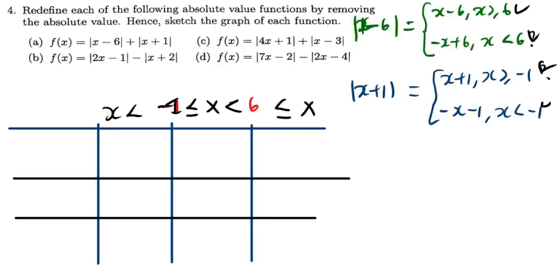Okay, so I'll start with the first one, which is x minus 6. So x minus 6, we are dealing with this part here. So we are saying that the first box is x is less than negative 1. In the first box, which one is telling me that x should be less than -1? I can clearly see that the one which is talking about the less than is the second one, meaning I'm going to put x minus or plus 6.